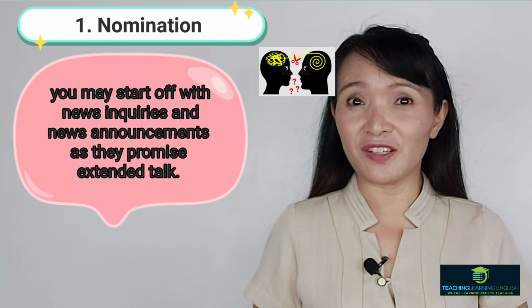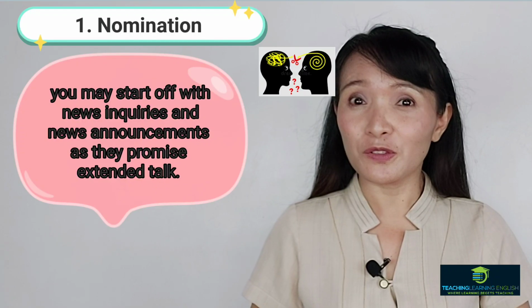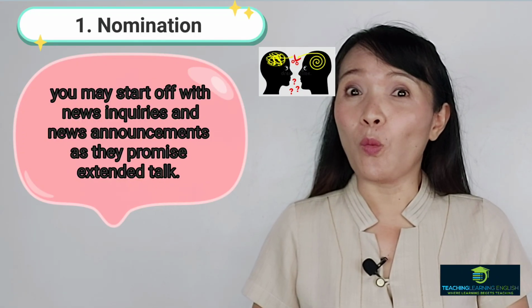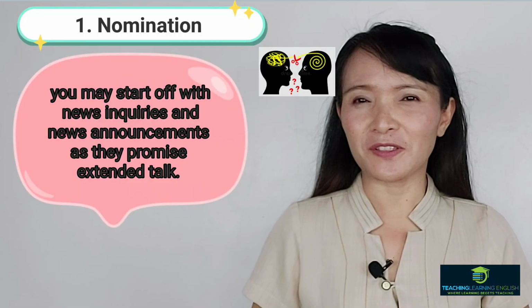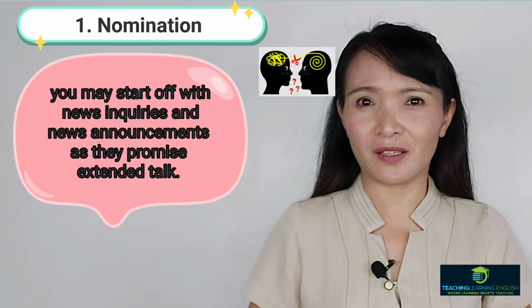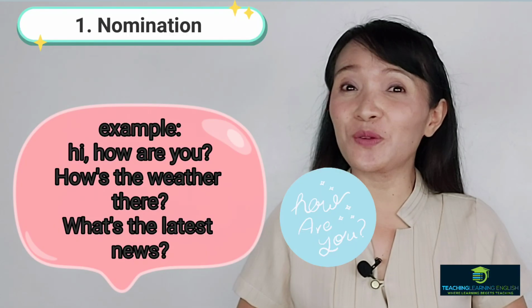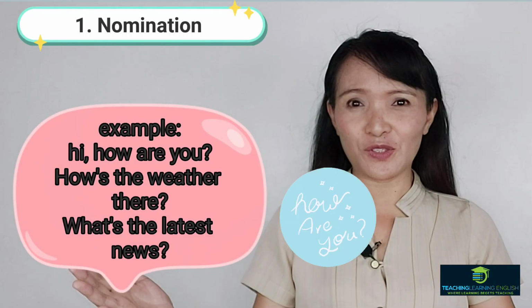When this strategy is used, the topic is introduced in a clear and truthful manner, stating only what is relevant to keep the interaction focused. For example, usually we say, "Hi, how's the weather there? What's the latest news?"